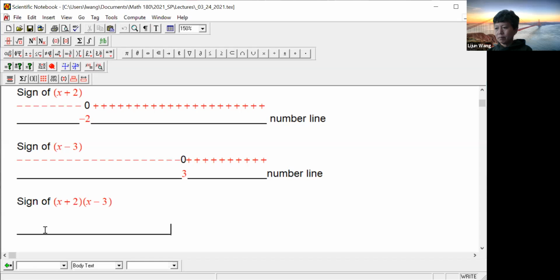Number line again. Right? Number line again. And here's -2. And here's +3.